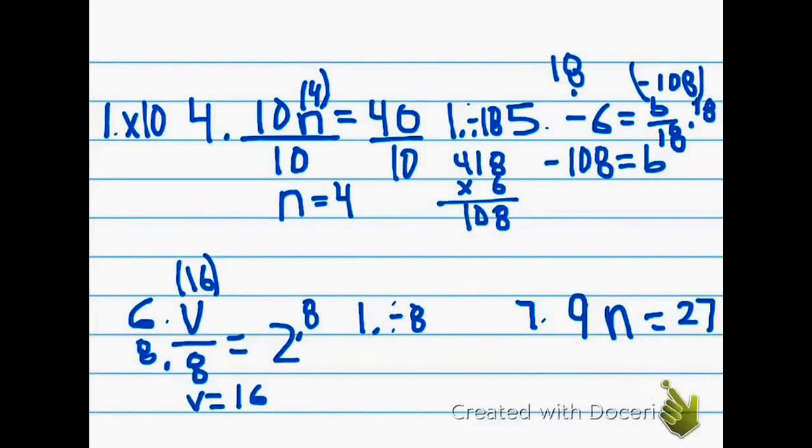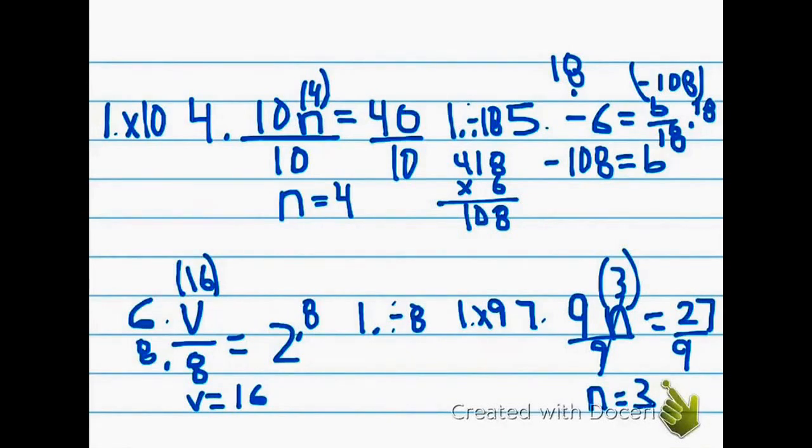So for 7, our variable is being multiplied by 9. So we have to divide by 9. This cancels out. And you're left with n equals 3. You will plug that in. 9 times 3 equals 27.